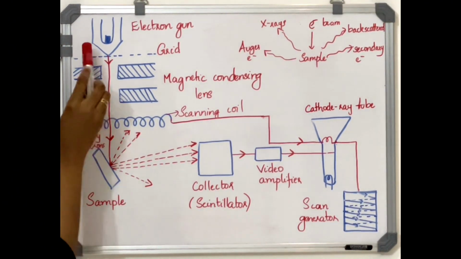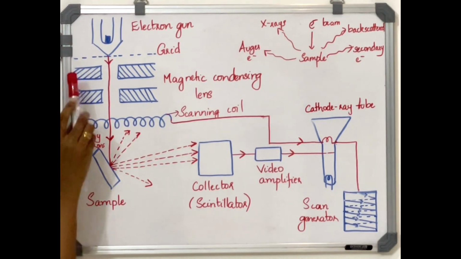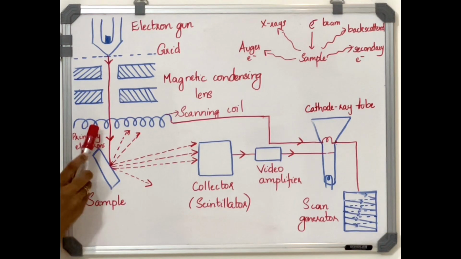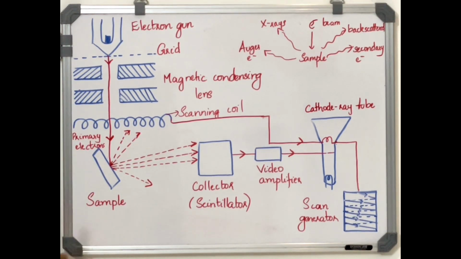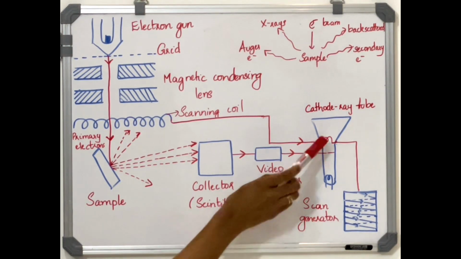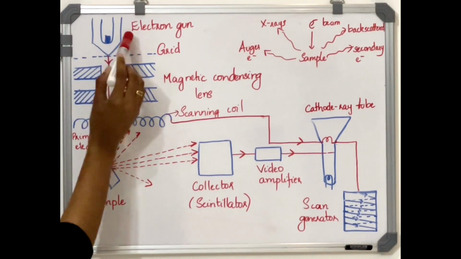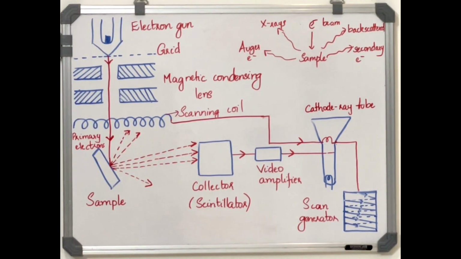You can see here the electron gun, grid, magnetic condensing lens, scanning coil, sample, collector, scintillator, video amplifier, cathode ray tube, and scan generator. The electron gun produces a stream of electrons. These electrons are called primary electrons.